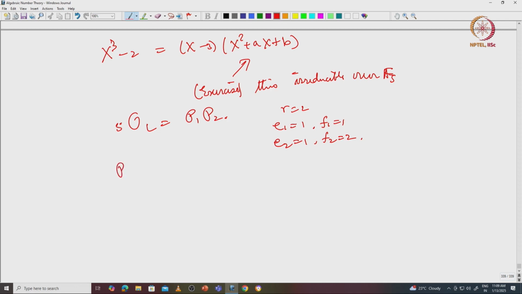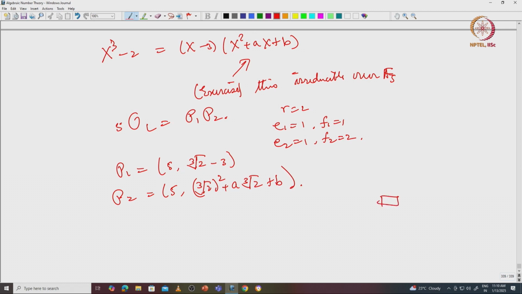Moreover, you will have P1 is (5, cube root of 2 minus 3) and P2 will be (5, cube root of 2 squared plus A times cube root of 2 plus B). So, you can find this A and B easily. I just did not bother to find it here. So, you can practice other examples like this.